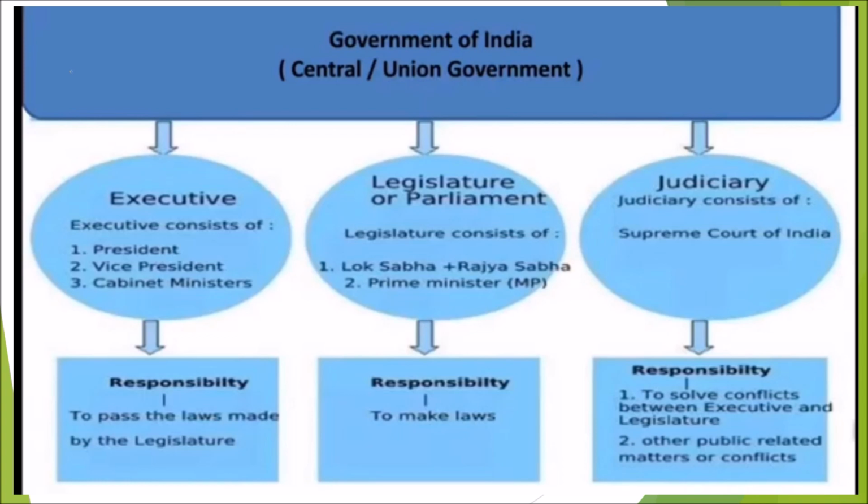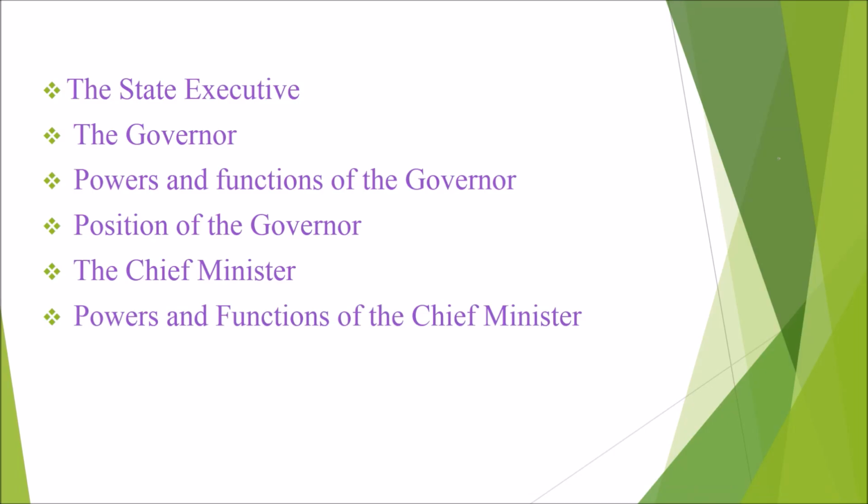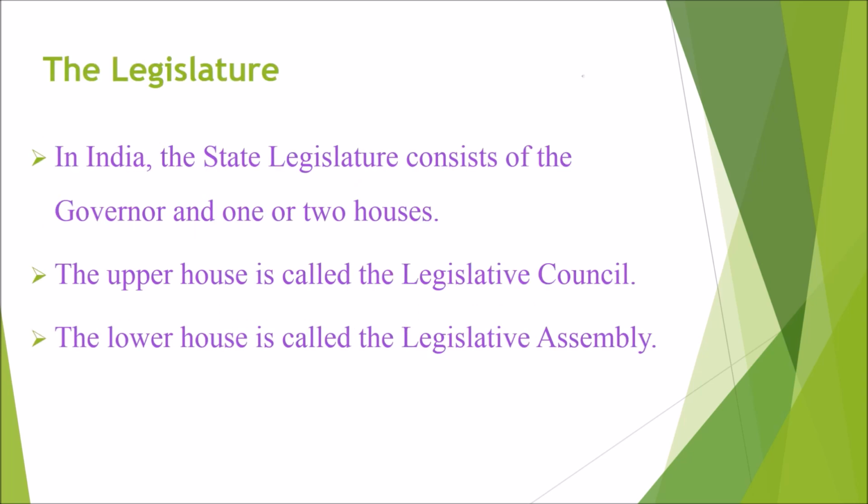The second one is other public related matters or conflicts. We have already discussed the state executive, the governor, powers and functions of the governor, position of the governor, the chief minister, powers and functions of the chief minister. The legislature. In India, the state legislature consists of the governor and 1 or 2 houses.